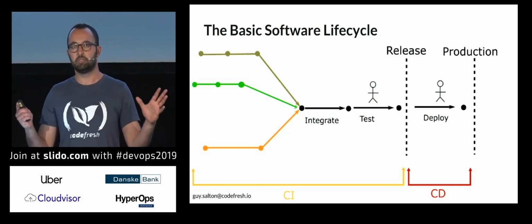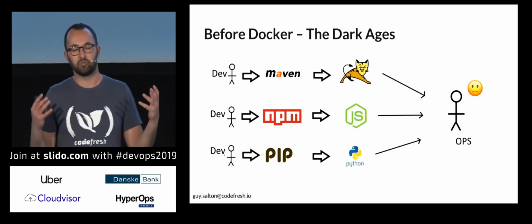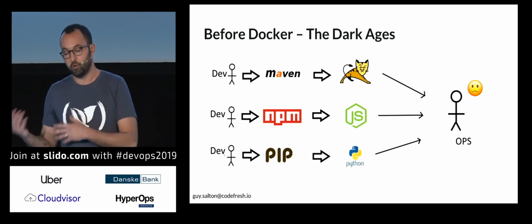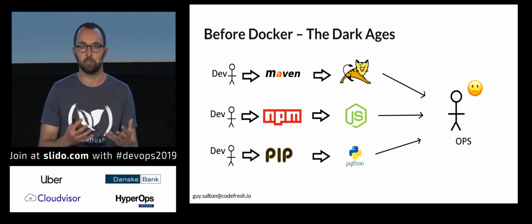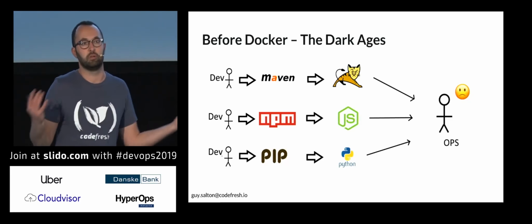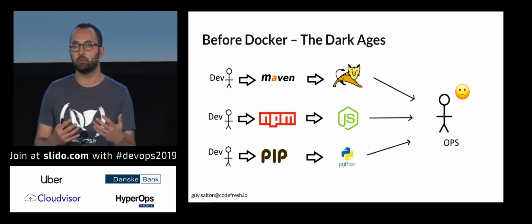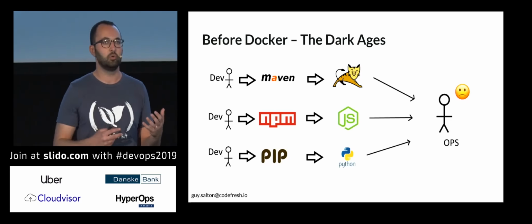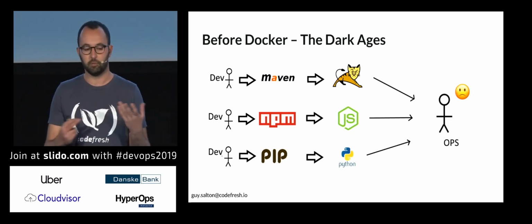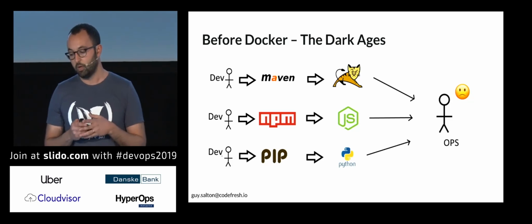This life cycle back before containers, what I refer to as the dark ages, was very difficult for both developers and operators, but especially for operators because they literally had to know everything. Operators in organizations that use multiple programming languages and multiple tools had to know how Java applications are deployed, how Node applications are deployed, how Python applications are deployed, and this was very challenging for operators.